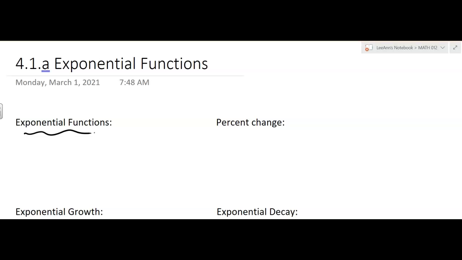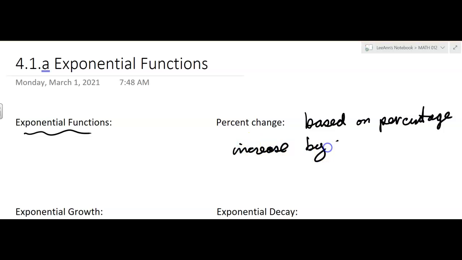So some terminology. Percent change. When we talk about percent change, it's based on a percentage. Well, that makes sense. So, let's say you are going to increase by 30%. Say you want to increase your sales by 30%.